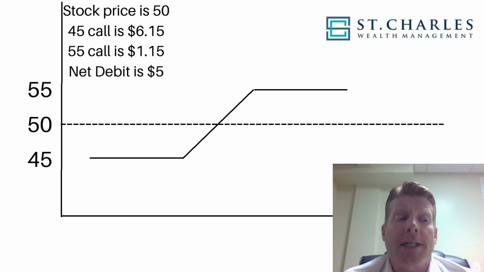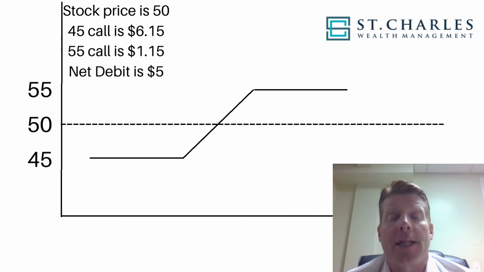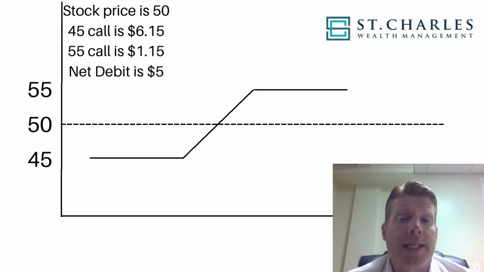Now, the other thing to consider when doing this is that you will not have gamma working in your favor. So in other words, if the stock goes higher, the call option itself would do better initially than the call spread. And the reason for that is that you have one option working for you.